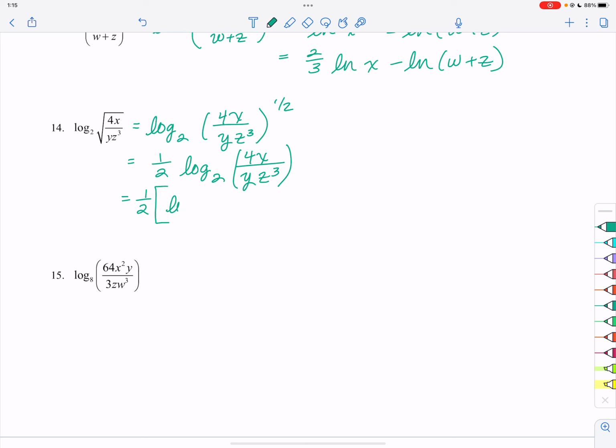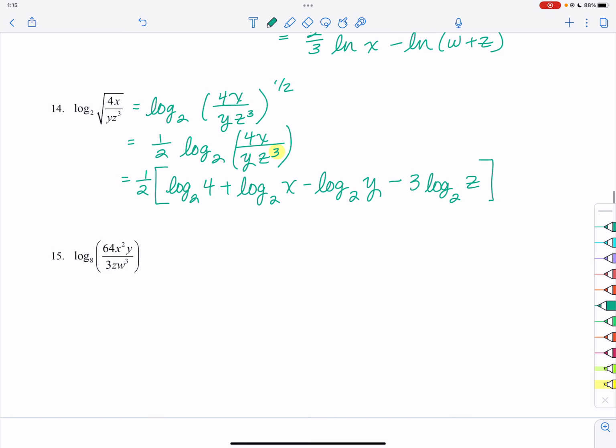And now we're going to have the log base 2 of 4 plus the log base 2 of x minus the log base 2 of y minus, let's see if we can do this. This 3 is a power. We can save a step. 3 log base 2 of z. Okay?